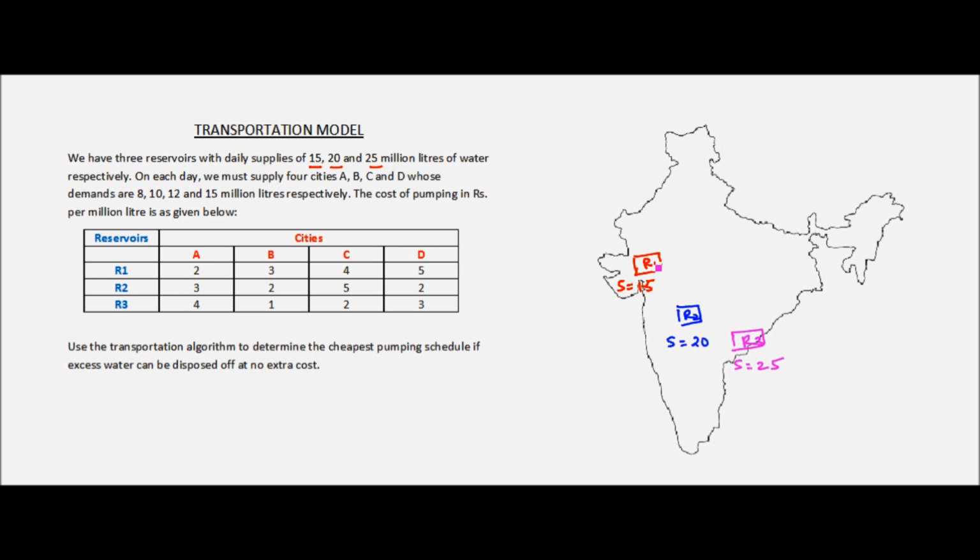Now there are four cities A, B, C, and D who have a demand for water. So let's place these four cities on this map along with their individual demands. So let's say city A is here, and A has a demand of 8 million liters per day.